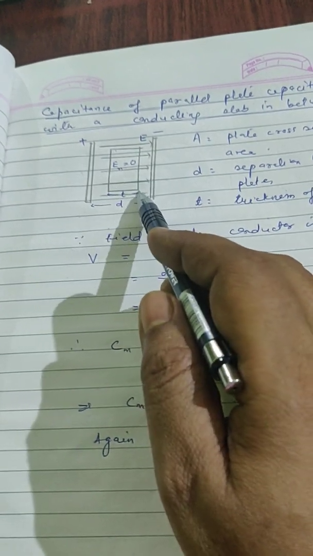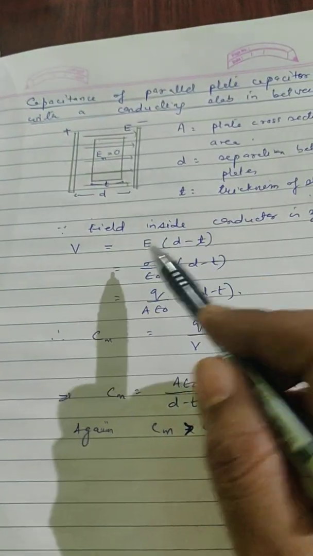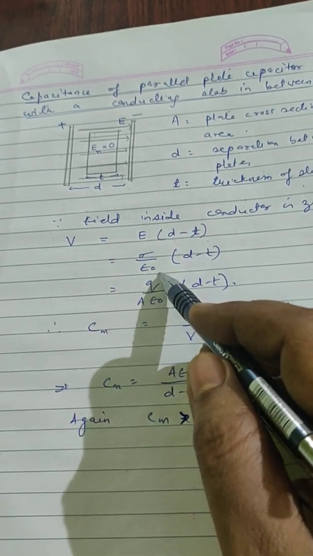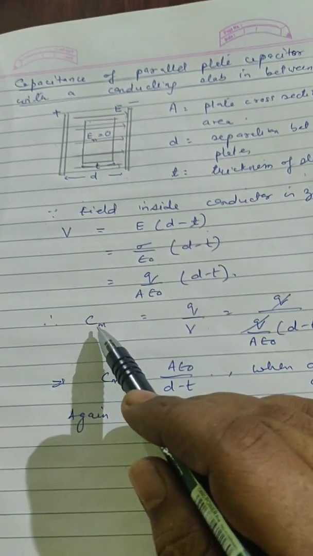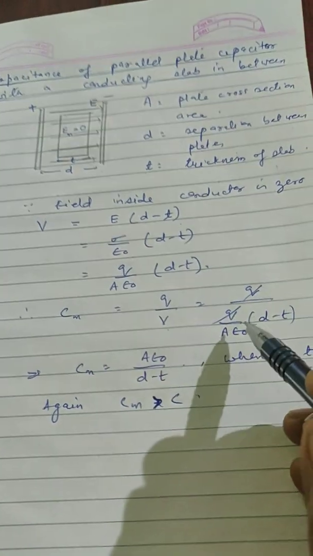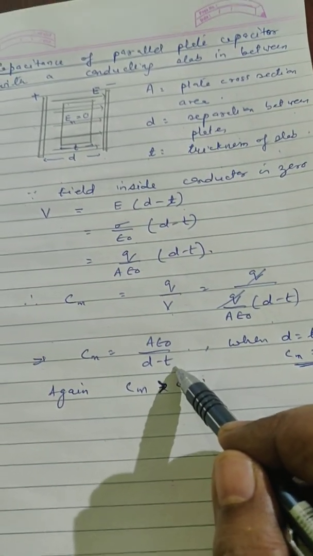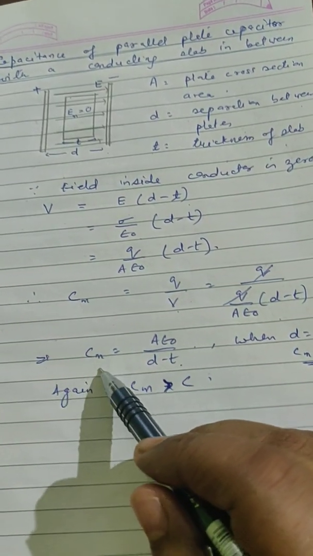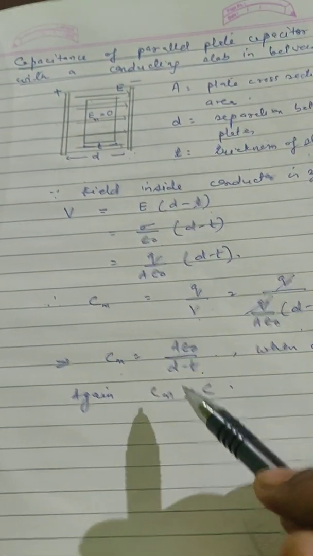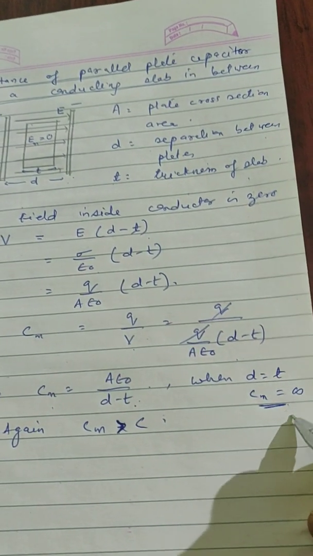So there is no potential difference over here, and the potential difference for the remaining thickness, which is D minus T, would be E into D minus T. I have substituted the value of E, and then again when you substitute in the formula for the capacitance in the presence of a conducting slab, Q by V, substitute for V, and you get it as A epsilon naught by D minus T. So once again we see that the capacity has increased even if a conductor is introduced between the plates of the capacitor. And if D is equal to T, then the capacitance becomes infinite.